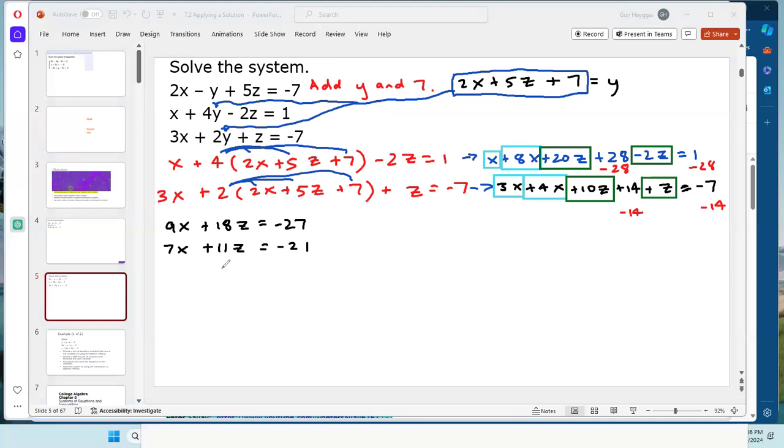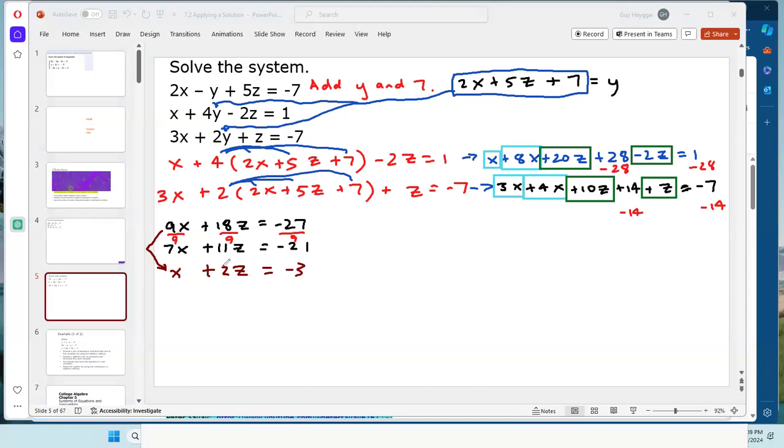So maybe we'll go ahead and just exploit that situation with everything being a multiple of 9 in that first equation there. Divide everything by 9. Which will give us, rewriting this equation right here, x plus 2z equals -3.